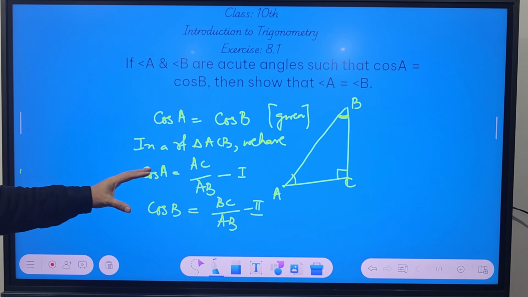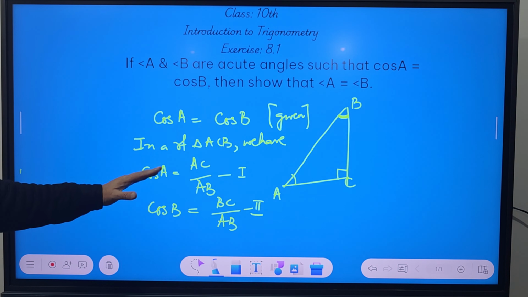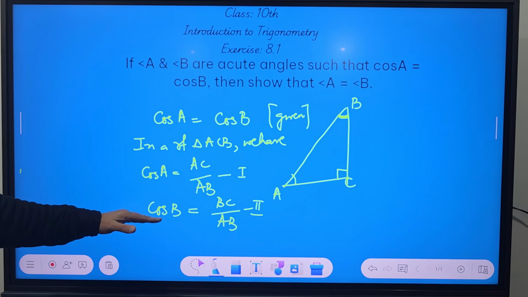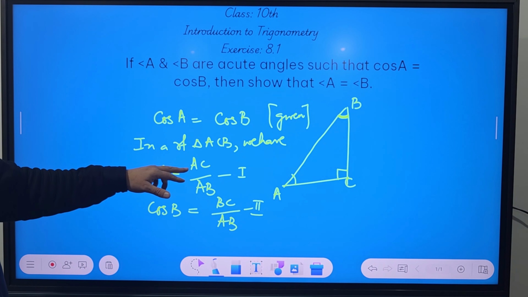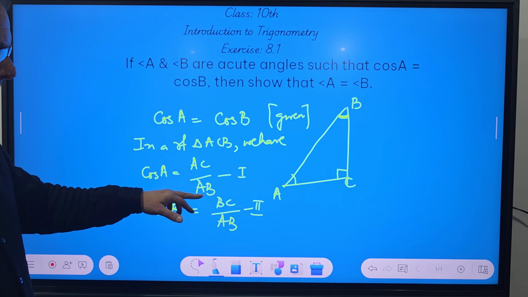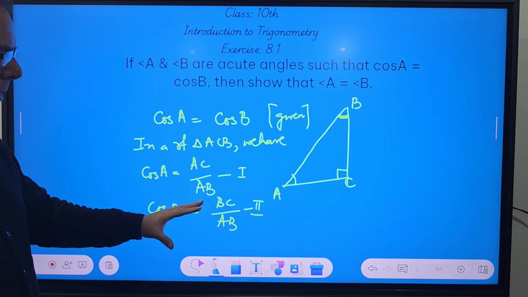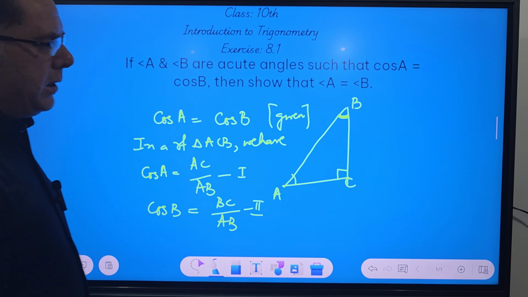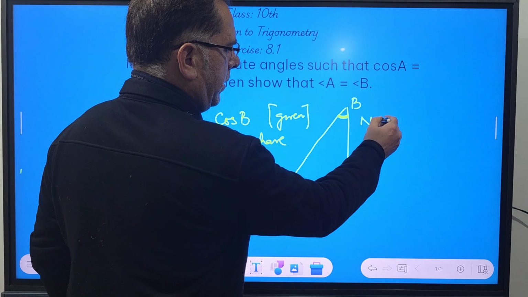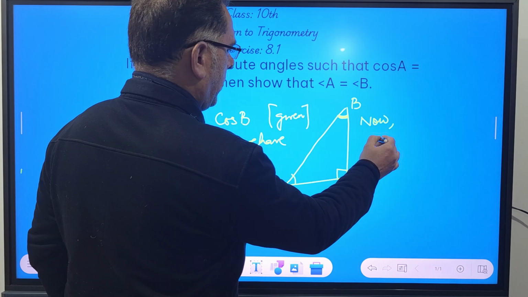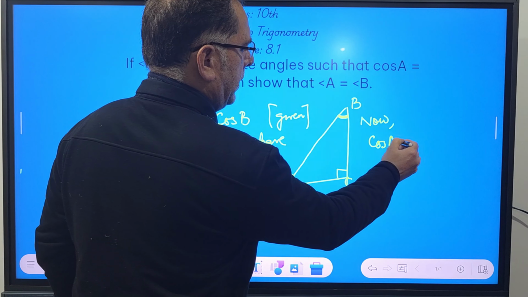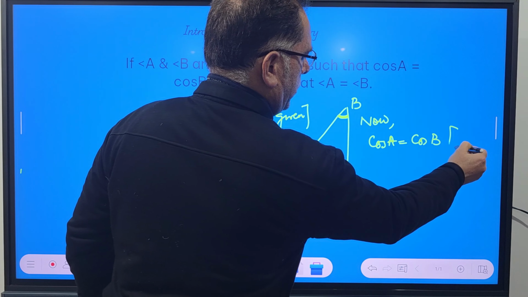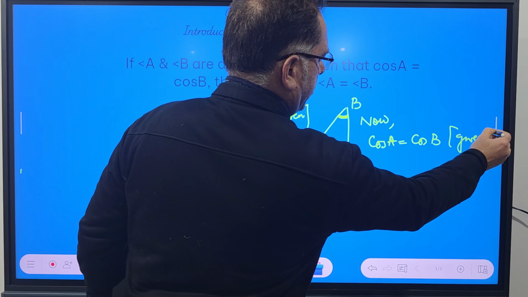Now when you compare these two equations, nothing is equal yet. Just see, the left hand side is cos A and cos B, and the right hand side is AC divided by AB and BC divided by AB. But we are given that cos A is equal to cos B. This is a given condition here.